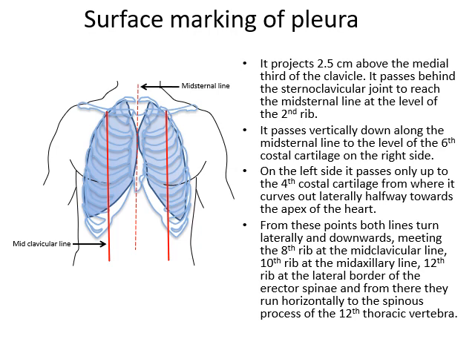Mid clavicular line at the 8th rib, and the mid axillary line at the 10th rib. At the 12th rib, the lateral border of the erector spinae, and from there they run horizontally, that is the posterior aspect, to the spinous process of the 12th thoracic vertebra.